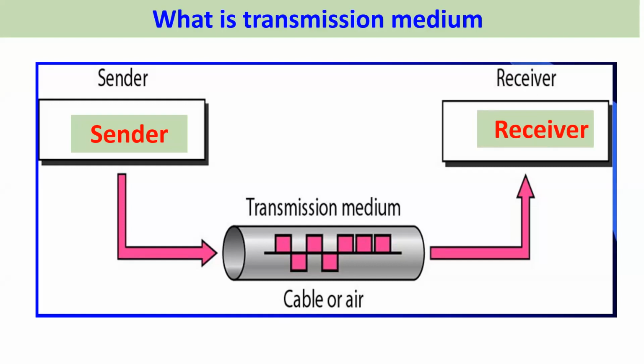Also, before that, I want to teach you one thing about signals. Last time we identified mainly two types of signals, analog and digital signals. Both together we call signals. We want to identify some features of these signals. It is very important, but it will not be important for your examination purpose.